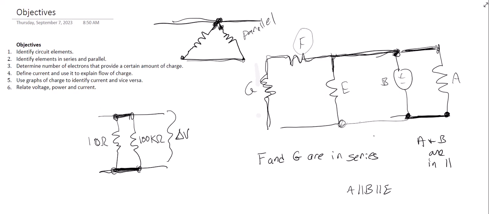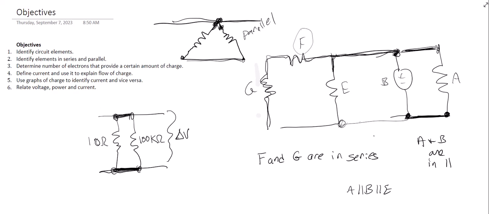Determine the number of electrons that provide a certain charge. I never used to do that separately, but I discovered when I was helping people study for their physics classes that a lot of times people liked having a formula for this, so I can give you a formula.